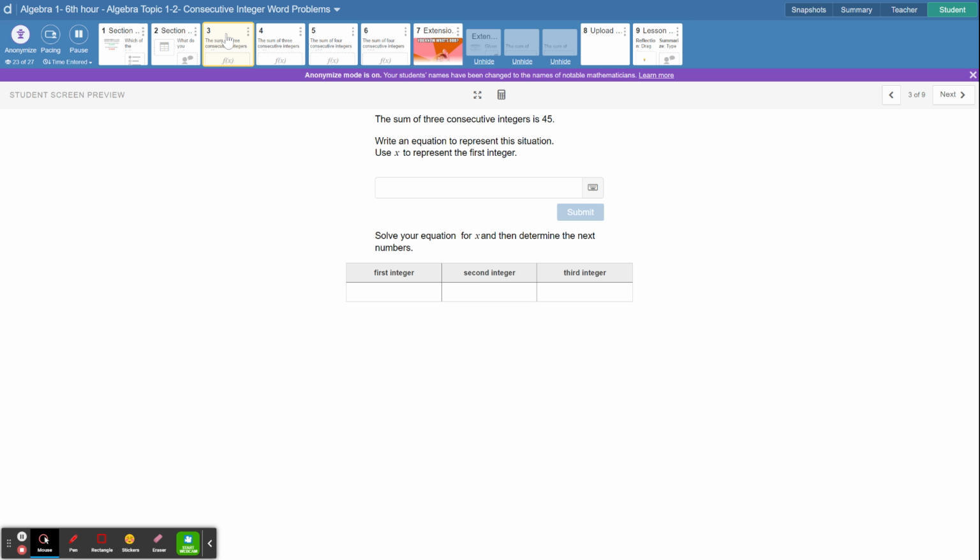Now, for slide 3, on a separate piece of paper, what you are going to be doing is the GUESS method. We came up with the GUESS method several years ago to help students figure out how to approach word problems. So G stands for given.